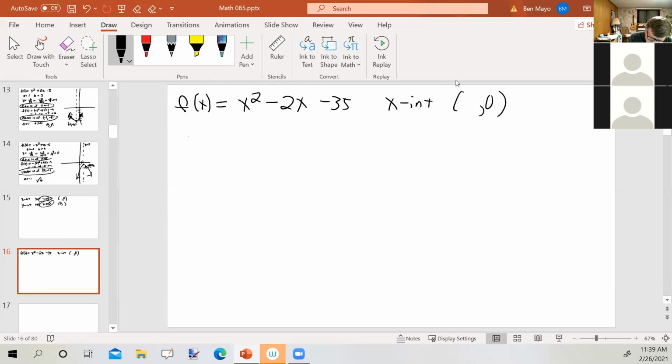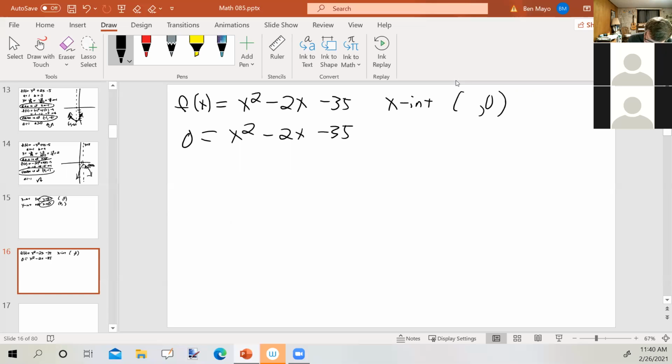If I set y equal to 0, I get that. Isn't that the form we use to solve an equation using the quadratic formula? Yes. So in fact, when we're finding the solutions to setting the equation equal to 0, those solutions actually represent x-intercepts on the graph of the parabola.